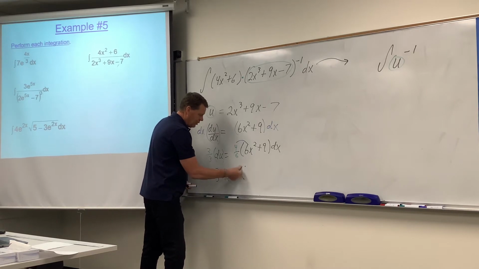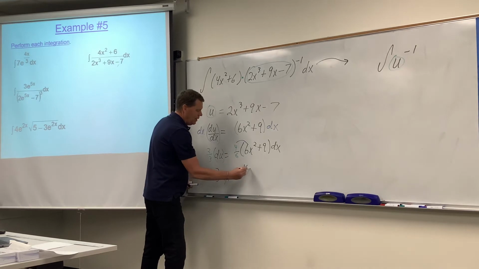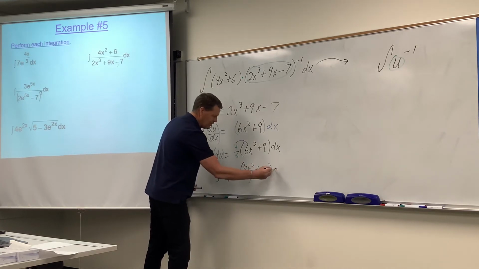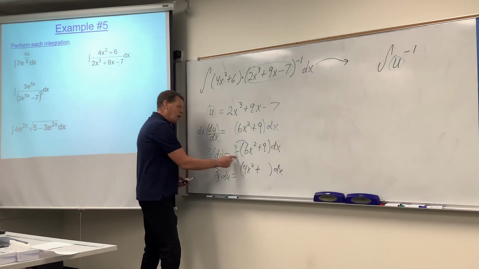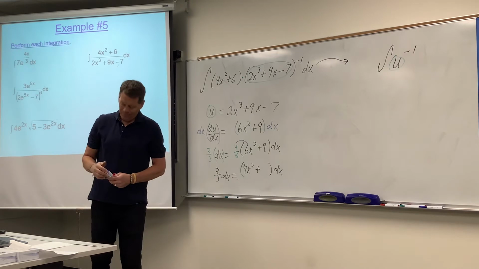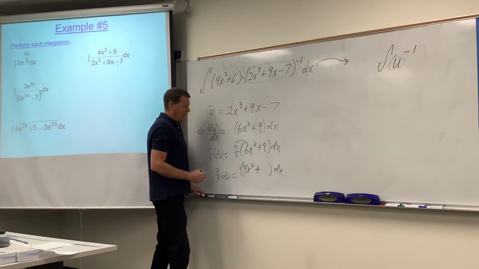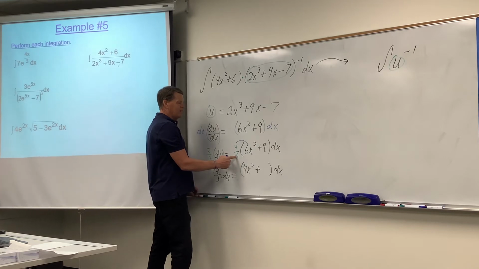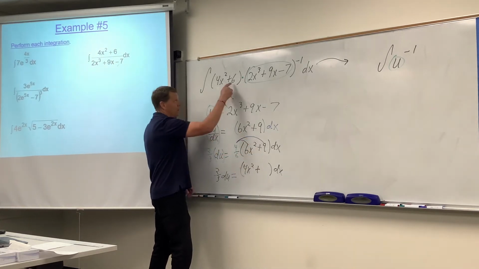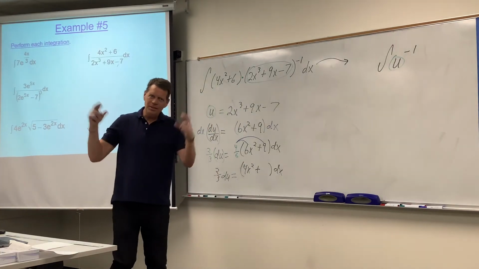You can always fix that first term to match that term up there. But this is where you cross your fingers and say, I sure hope that that same number distributed to the 9 will become the other term. Please, please, please.